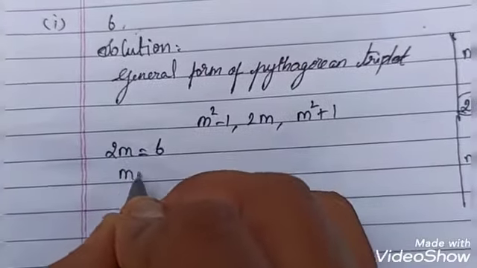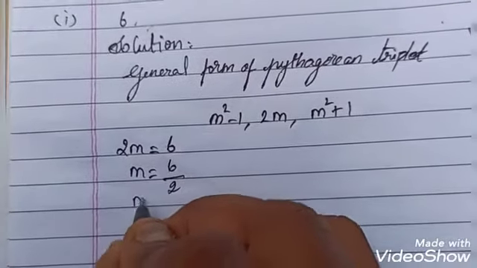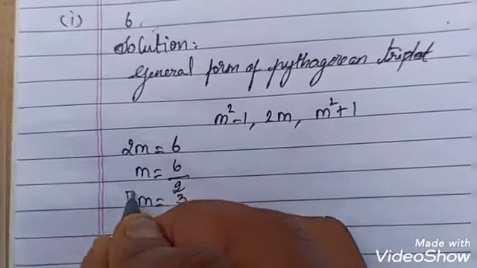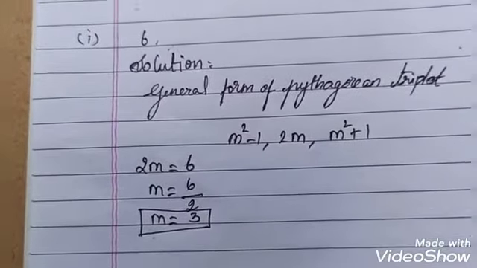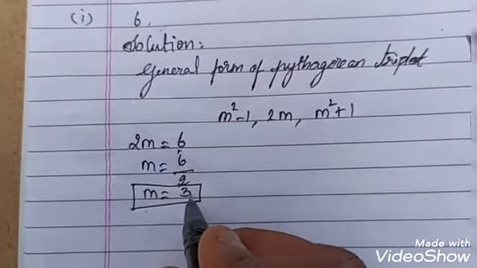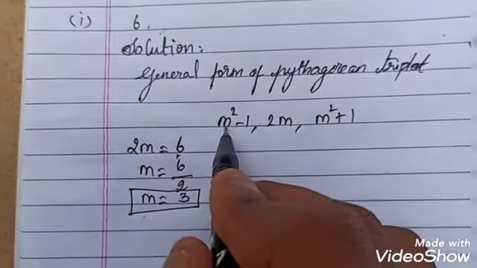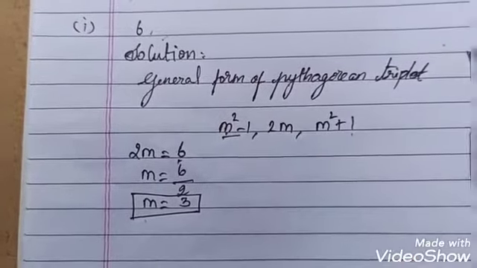So m equals 6 divided by 2, and m equals 3. So you get the value of m. One of the Pythagorean triplet members is 6, and you got the value of m. Now you move on to find m square minus 1 and m square plus 1.